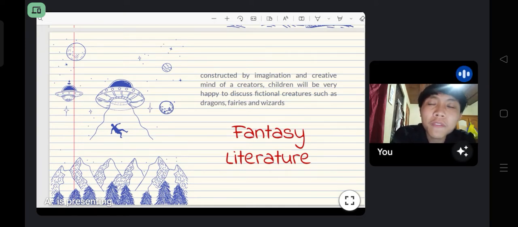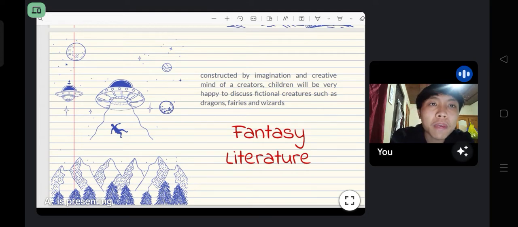It fits students because young learners are known as people who actively use their imagination.